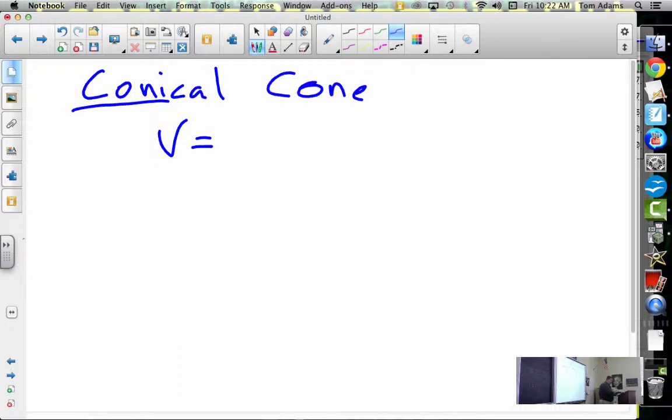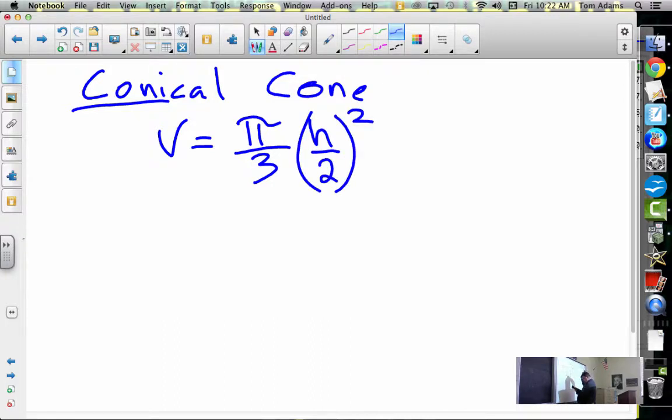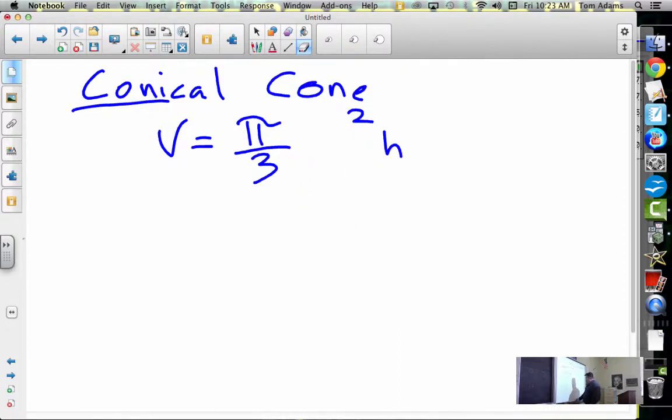Well, if it comes to a point, you divide by 3, and then it has a circular base, so the volume of a cone is 1/3 pi r squared h. Let me back up a second. This is actually the radius squared. Okay? That's the radius squared.